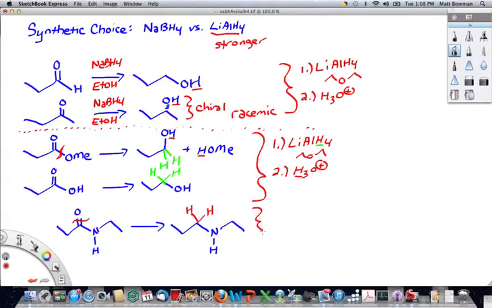Now, this is actually a three-step procedure. First step involves lithium aluminum hydride in ether. Second step is the acid workup step that accompanies a lithium aluminum hydride reaction. Now, this molecule right here is an amine, so it's basic.